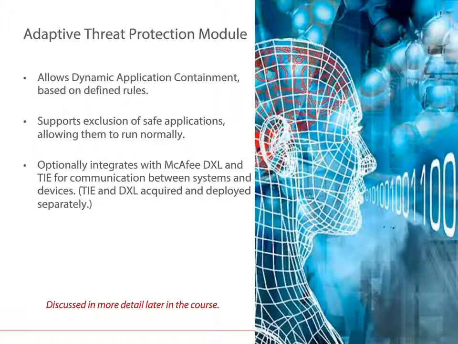And then it also integrates with our TIE and DXL so that basically if one machine finds a threat, it communicates with TIE, TIE says yes, it is a threat. It can now tell all the machines out there on your network that have the DXL installed on them that they all have that particular file, and they can know immediately what is going on, and they can mitigate the problem by deleting that file if that's what your configuration is.